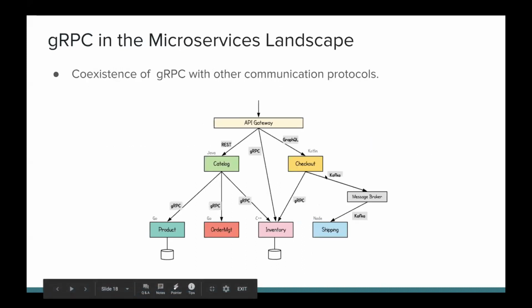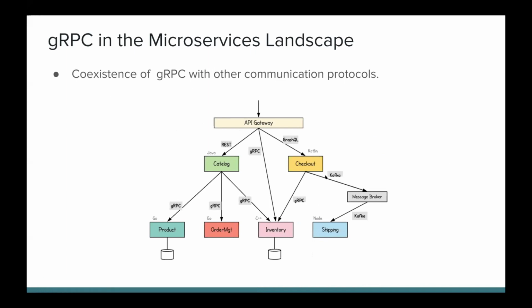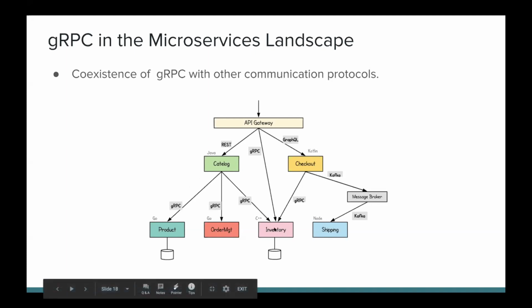All right, with that, we can summarize all these different communication protocols and patterns. What we are seeing in most pragmatic microservice deployments is that gRPC is usually used with other technologies such as REST and GraphQL.